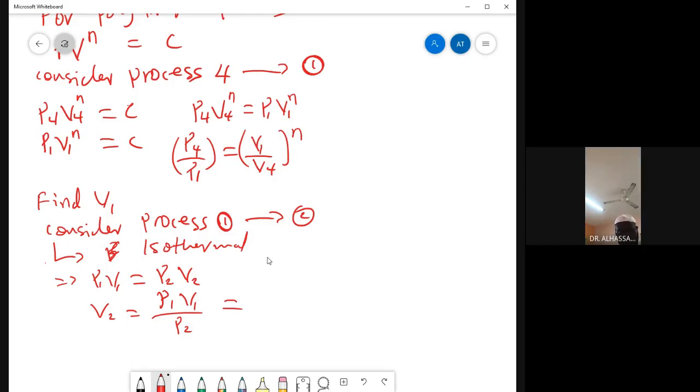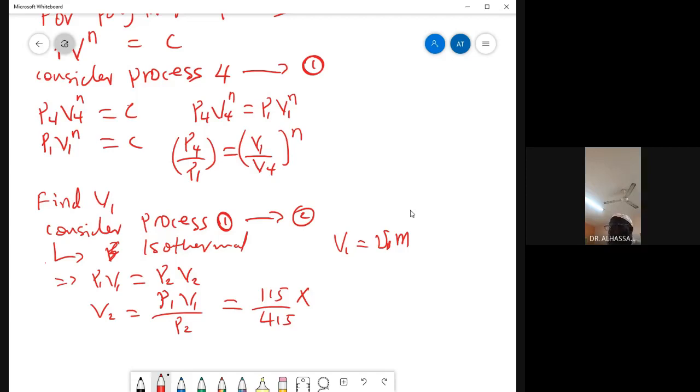So this gives me 115 divided by 415 kilopascal times the volume, V1. Be careful over here. We know the specific volume. So the absolute volume V1 equals the specific volume V1 times the mass of the ideal gas.